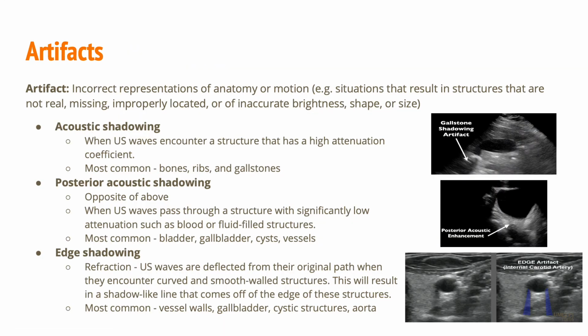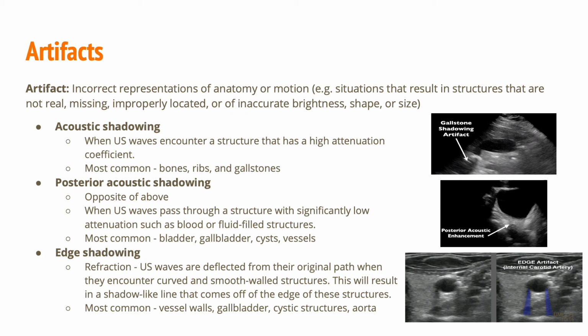We are now going to talk about artifacts. An artifact is an incorrect representation of anatomy or motion, situations that result in structures that are not real, missing, improperly located, or of inaccurate brightness, shape, or size. It's very important to know about artifacts.